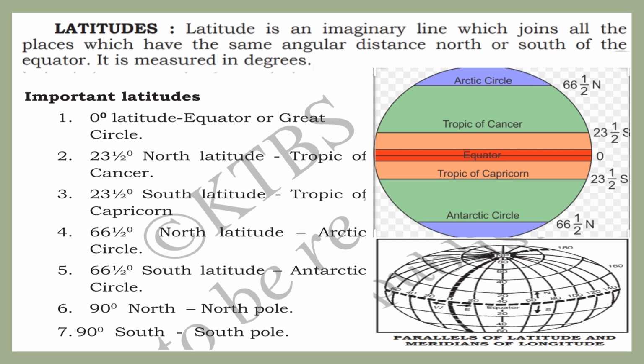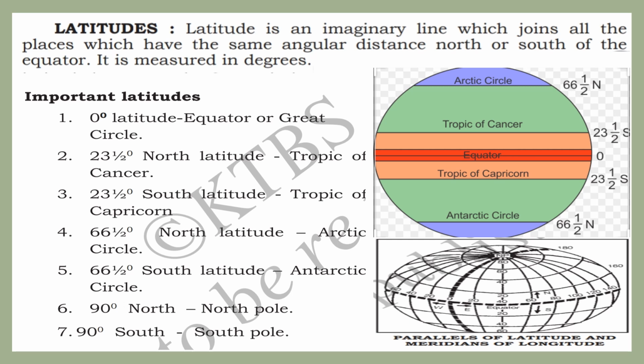The equator, that is 0 degree, is the longest line of latitude, known as the Great Circle. It is equal to the circumference, meaning the boundary of the earth. Other lines of latitudes are of shorter length.